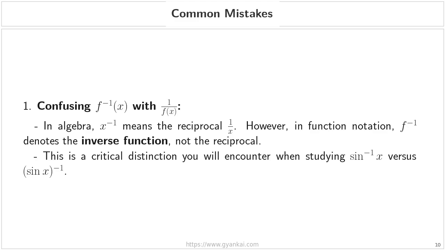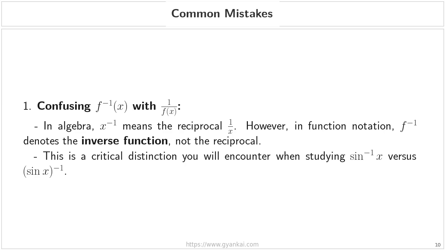In your previous algebra studies, you learned that raising a variable to the power of -1, such as x to the power of -1, represents the reciprocal, which is 1 over x. However, in the context of functions, the notation f inverse of x does not mean 1 over f of x. It denotes the inverse function, the one that reverses the mapping of the original function, as we discussed in the earlier slides.